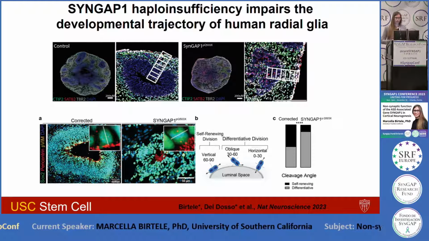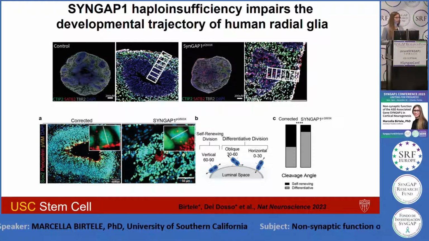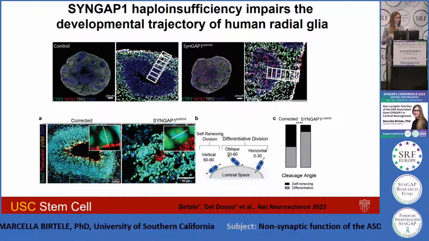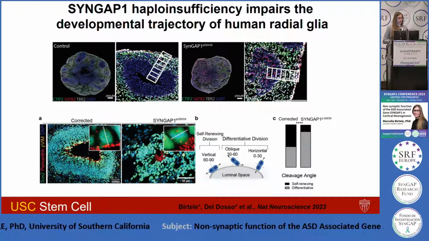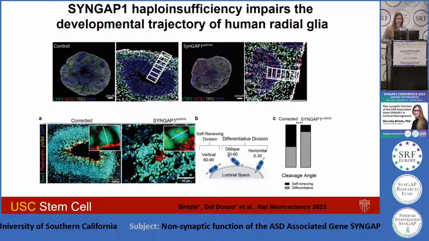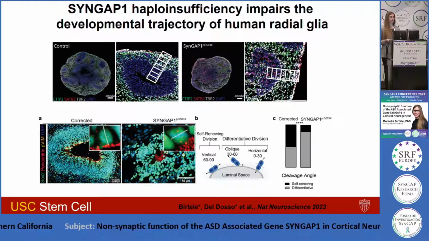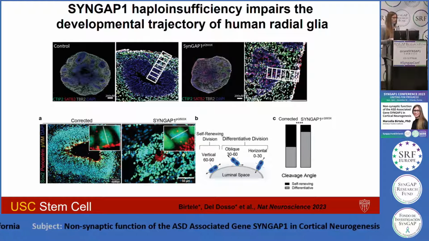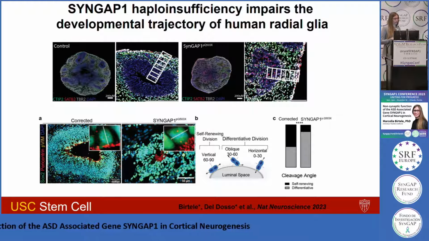So then we looked, as I said, radial glia cells have also this function of guiding neurons and generating a laminated cortex. So here you can see a 2-month-old organoid from the control line, where we can see a clear separation from these blue cells that are the radial glia cells compared to the neuronal population that is labeled here in green and red.